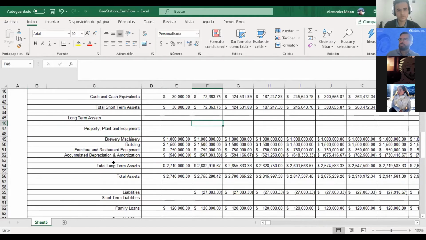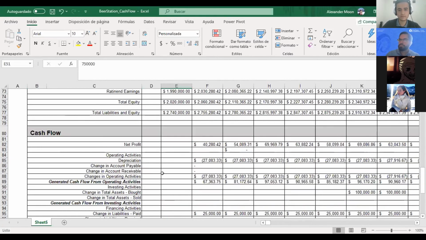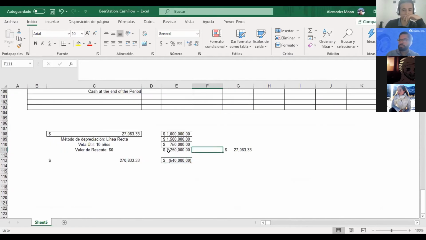We also have a formula here for accumulated depreciation. Adding up all these assets, we get 3,250,000 pesos. We know from the case that the salvage value is 0, so we do not have to subtract anything from this value.